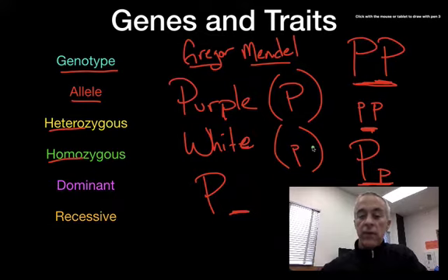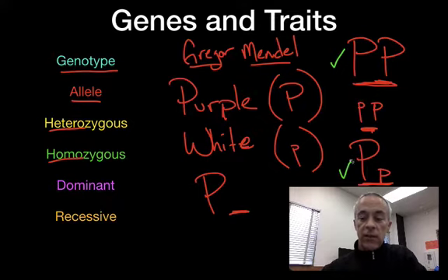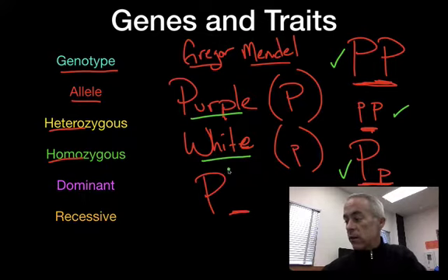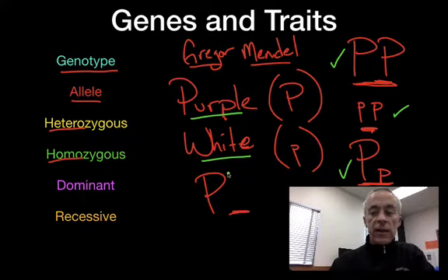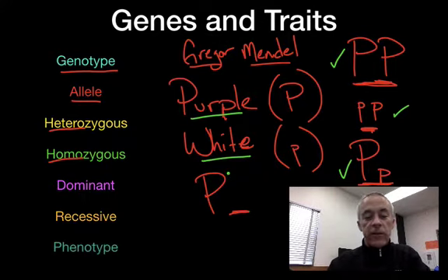So what that really means here is that in this situation, this version, the big P, and this version, the big P, little p, both of those are going to be purple. Whereas the little p, that individual is going to be white. In either case, what we're referring to is that organism's phenotype.